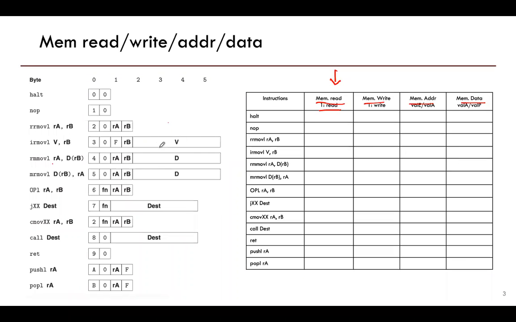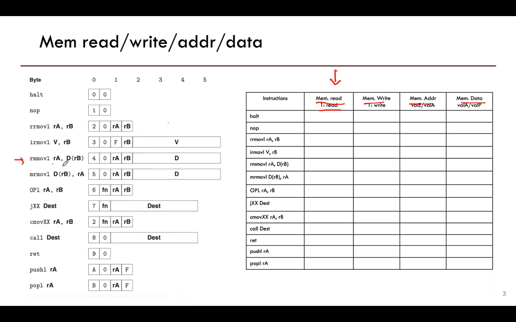Okay, let me take a couple of examples, not every one, and then you can fill out the remaining parts. Which one is a good example? Maybe rmmovq. Some memory related instruction will be useful.